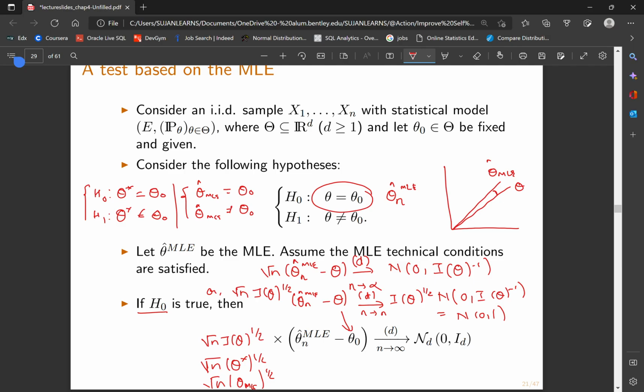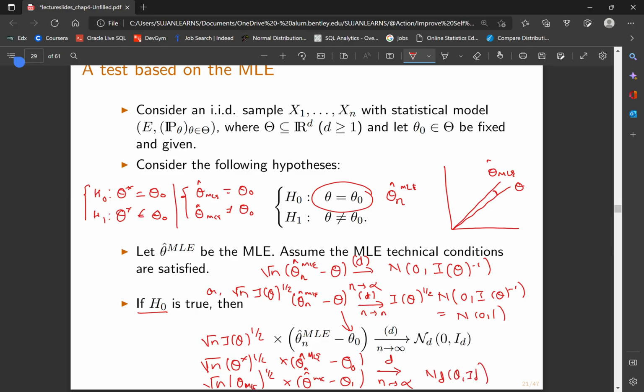This can still be modified in different ways as required, such as using the true parameter theta star instead of theta, or theta MLE, and this still holds true, and it will still be the same distribution, normal 0, I.